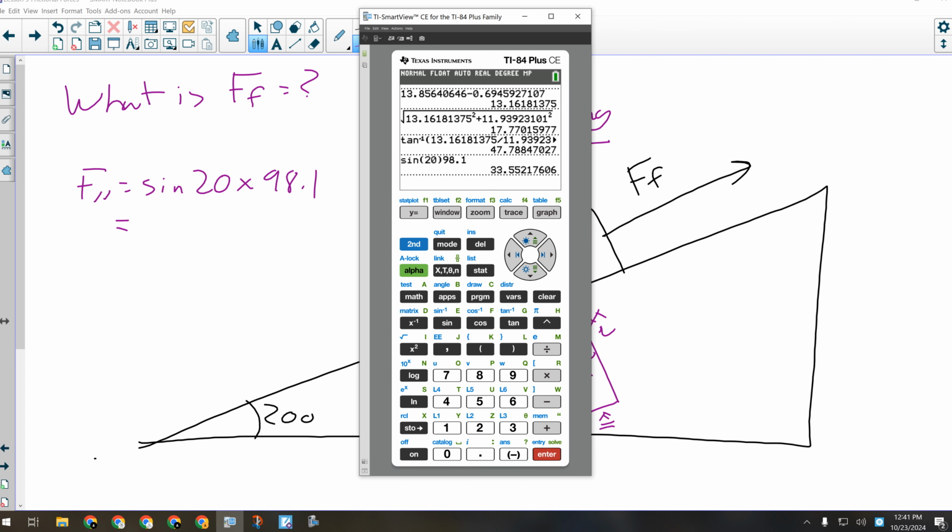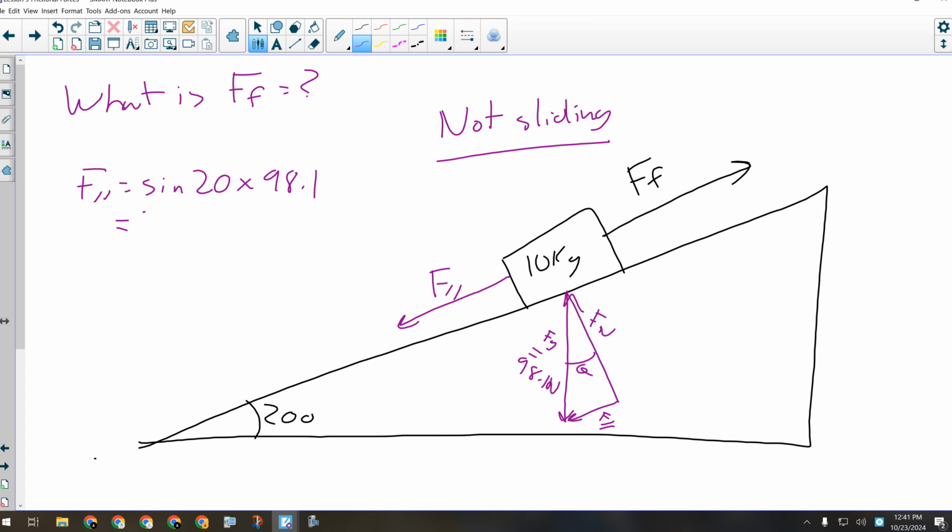Okay, so that's going to be 33.55 newtons, okay, and then that means that friction will be 30, well, we only have, what, 2 significant digits there, so 34 newtons up the ramp. Okay, here's part B. What's the coefficient of friction between the box and the ramp?